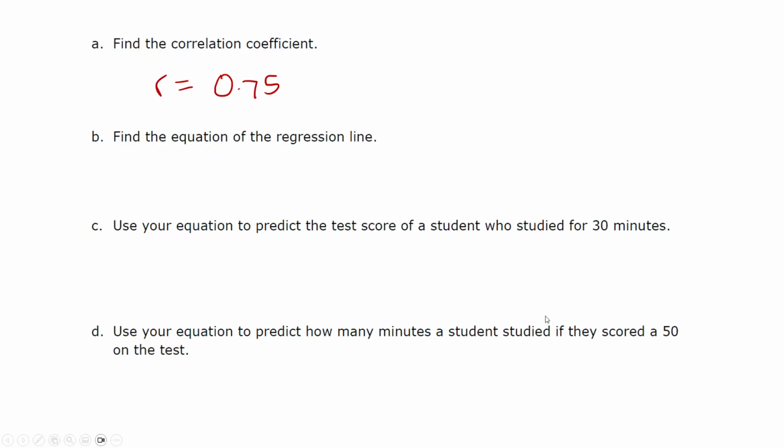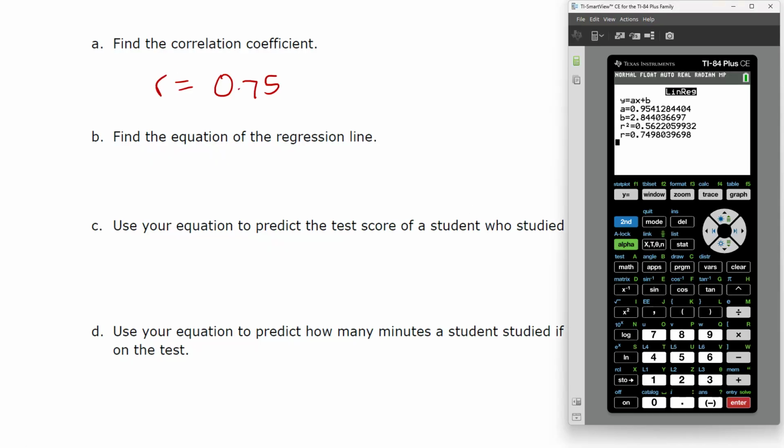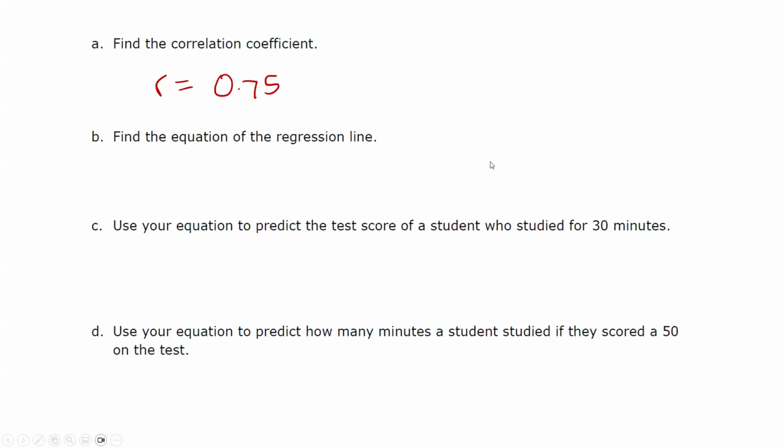We want the equation of our line. So this is in the form y equals mx plus b. m is 0.95. b is 2.84. So y equals 0.95x plus 2.84.